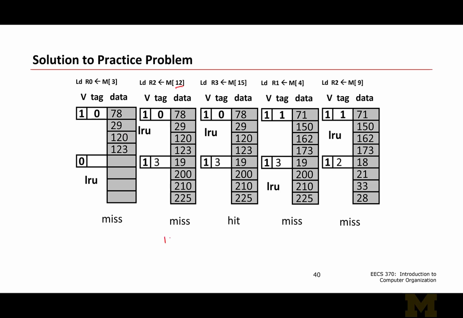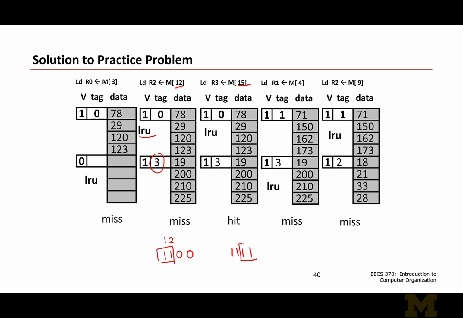So if I access the address 12 in binary, it is going to be 1100. So my tag is going to be 3, and that's why I would populate this with 3. And now the previously accessed block is going to be LRU, and now when I access the address 15, the address is 1111.